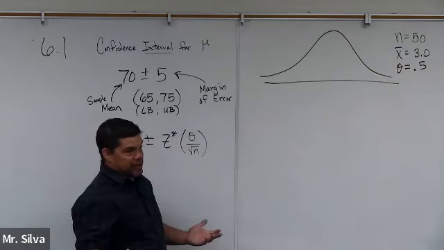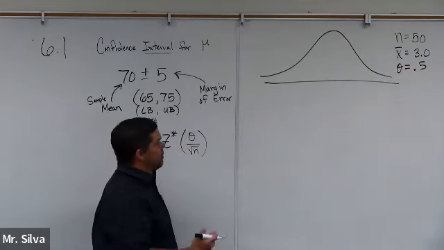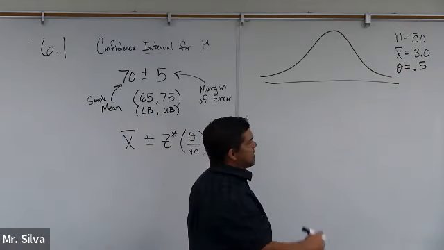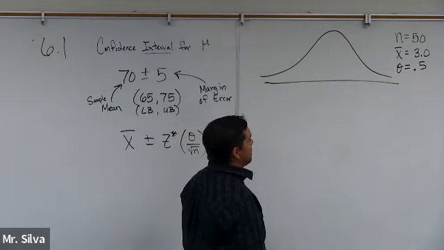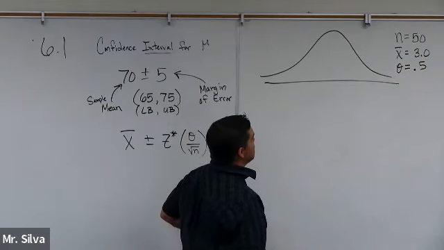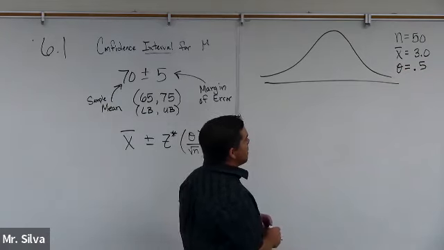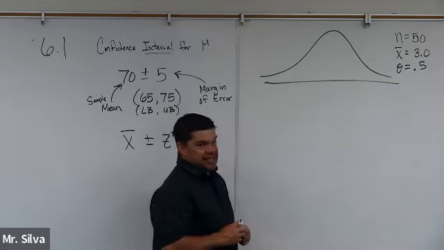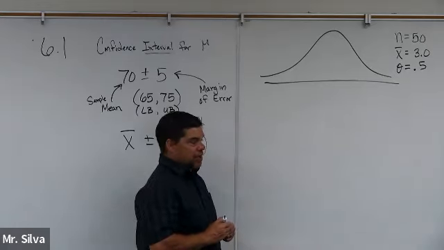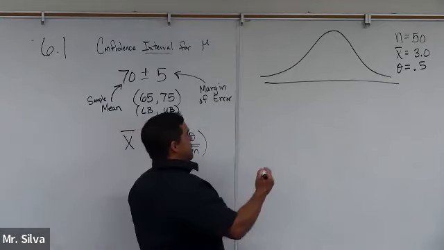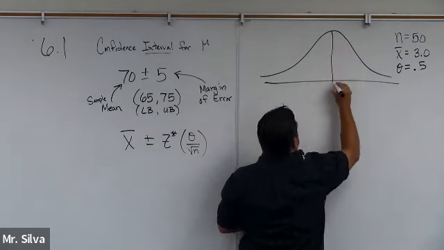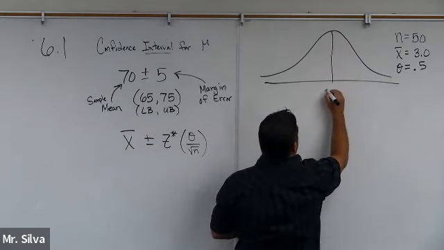So now I need to come up with the curve. Well, we already did this. I changed the sample size to 50. So my standard deviation is going to be a little bit smaller. So I'm going to come up with a confidence interval. We're going to use this formula right here. So I'm going to show you what it would be with one standard deviation. So 3.0 is in the middle.